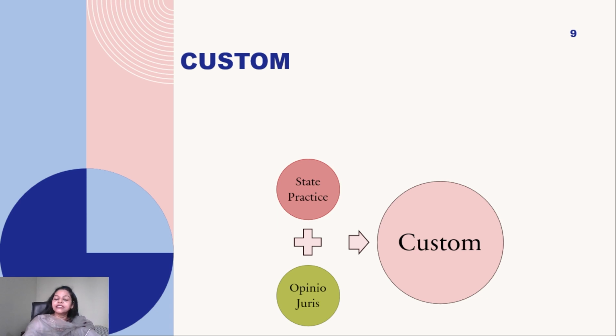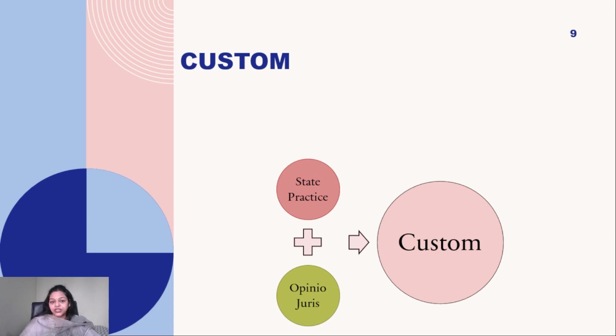And who decides which custom is actually an international law custom for the purpose of sources of international law? As I said, this is decided by the ICJ. So there may be a custom which a state feels, oh, this is a custom because it has both the elements present, state practice as well as opinio juris.